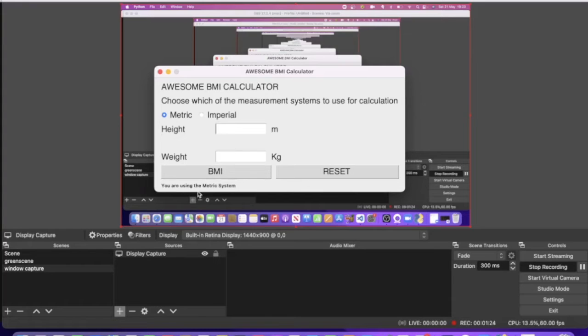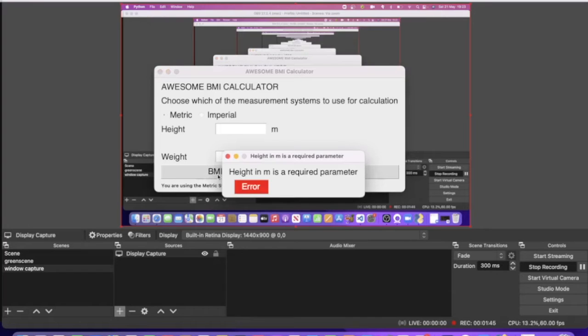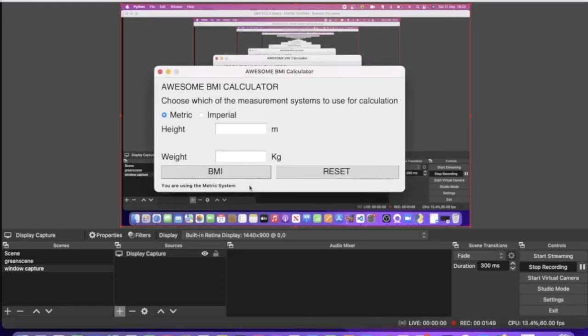If you choose the metric system, for example, it would show you metric system chosen, and then it gives you the readings in meters and kilograms. And so is the imperial system, giving you the fact that you've chosen the imperial system of measurements. That's, of course, if you miss one entry point, it will highlight an error and so on.